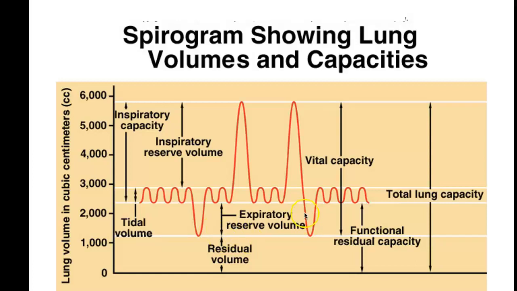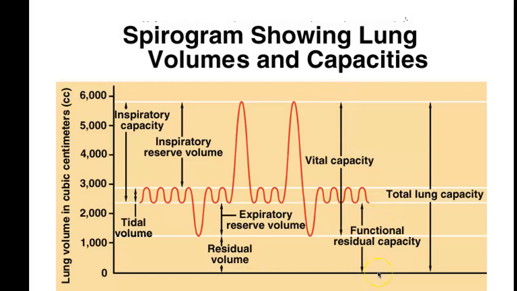And so vital capacity is inspiratory capacity plus expiratory reserve volume. Or you can think of vital capacity as IRV plus ERV plus tidal volume. But it's the total possible amount you can exhale from your lungs.